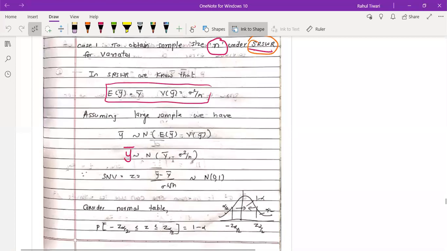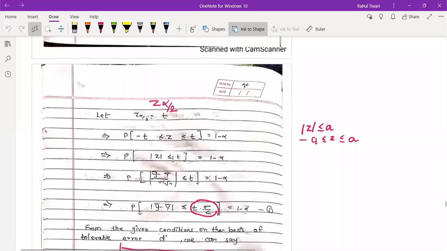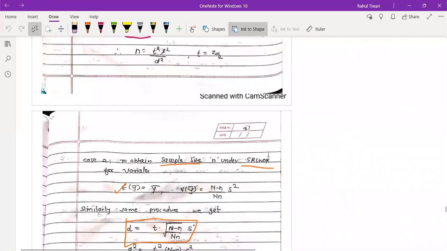And remember, in the case of WOR, your sample size is going to be the same as in the case of WR when capital N is large.